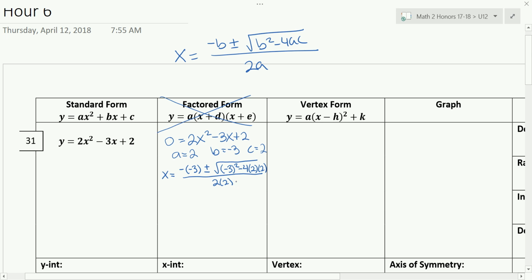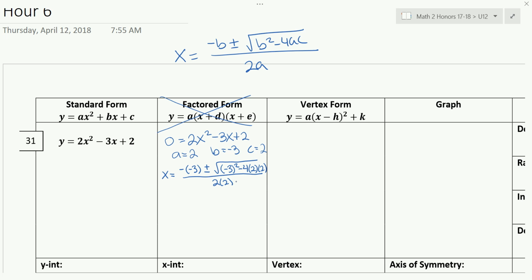Notice as I plug in the numbers, I tend to place them in parentheses. It's not something you always have to do, but it's a precautionary thing that will help you not make small errors, especially when you're plugging in a negative.